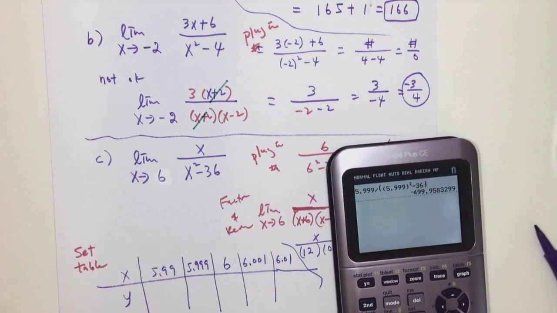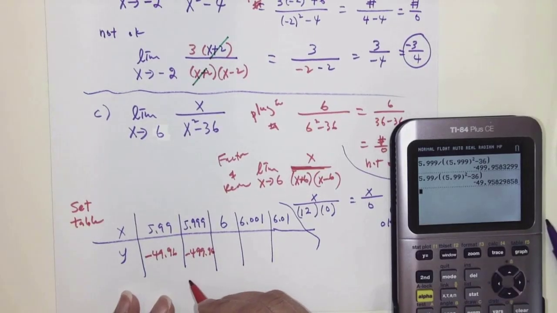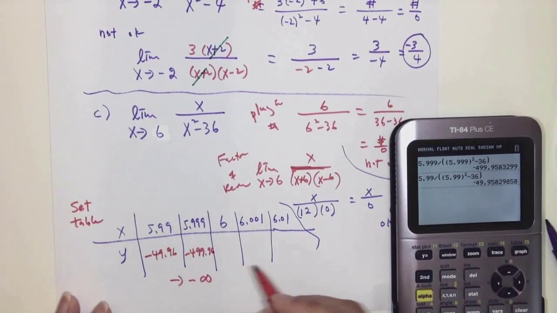So I'm going to write that down: negative 499.96. So I'm going to do 5.99 divided by parenthesis, 5.99 squared first, and then subtracting 36, close it. So this one is negative 49.96. So it looked like decreasing pretty rapidly. So I'm going to say this is going toward negative infinity as it approaches from this side.